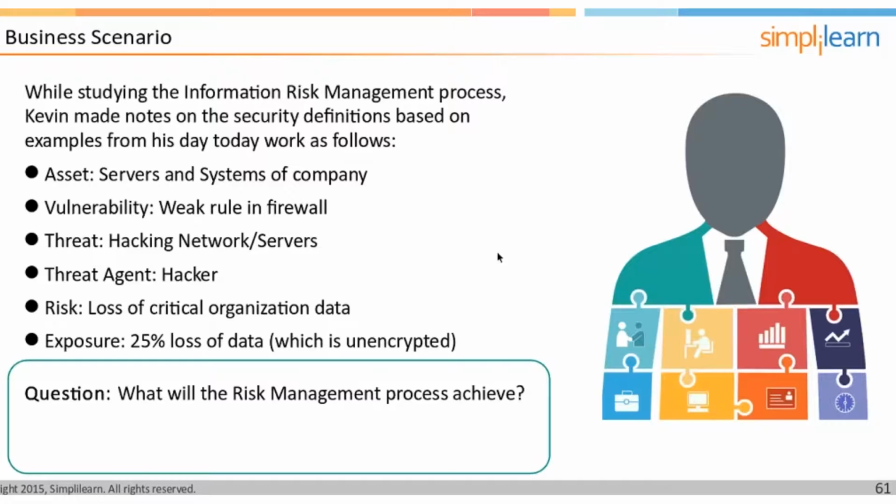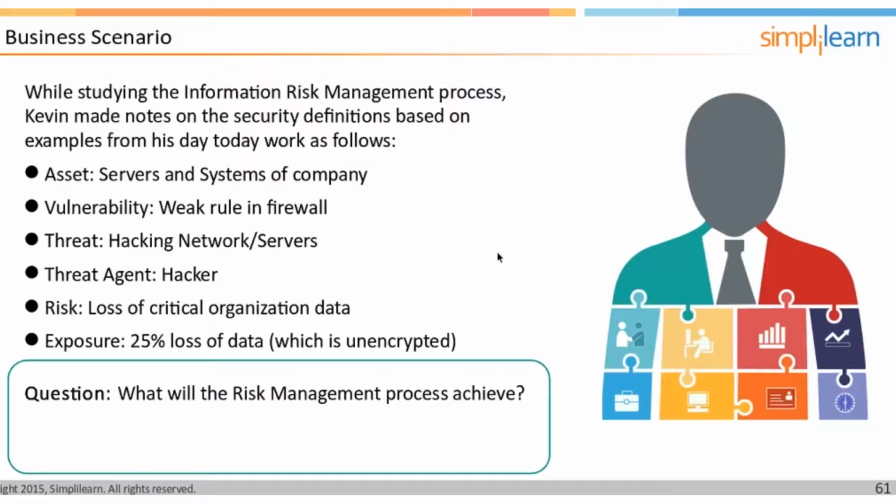While studying the information risk management process, Kevin made notes on the security definitions based on examples from his day-to-day work as follows: asset, server and system of the company; vulnerability, weak rule in firewall; threat, hacking the network server; threat agent, hacker; risk, loss of critical organization data; exposure, 25% loss of data which is unencrypted. Right.